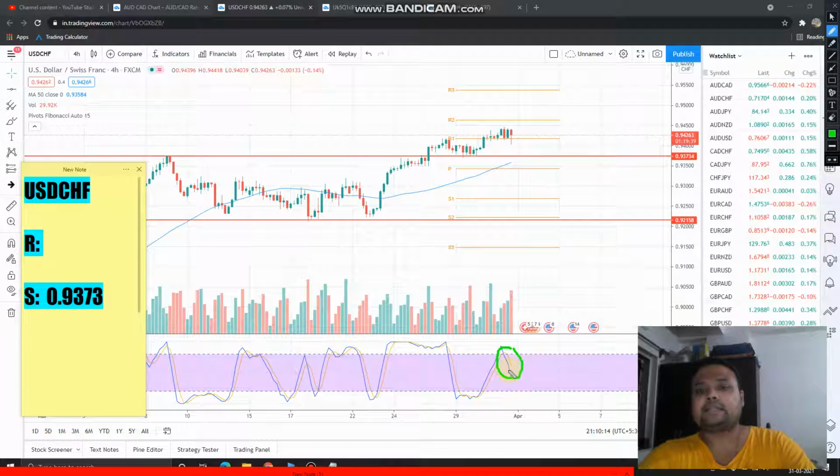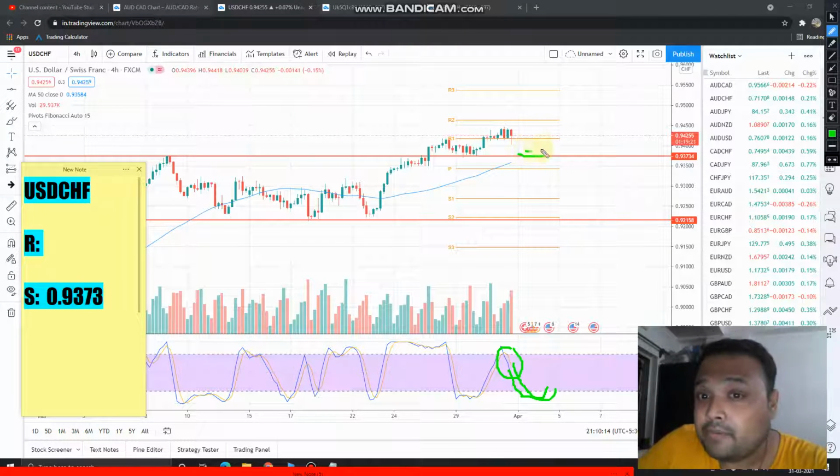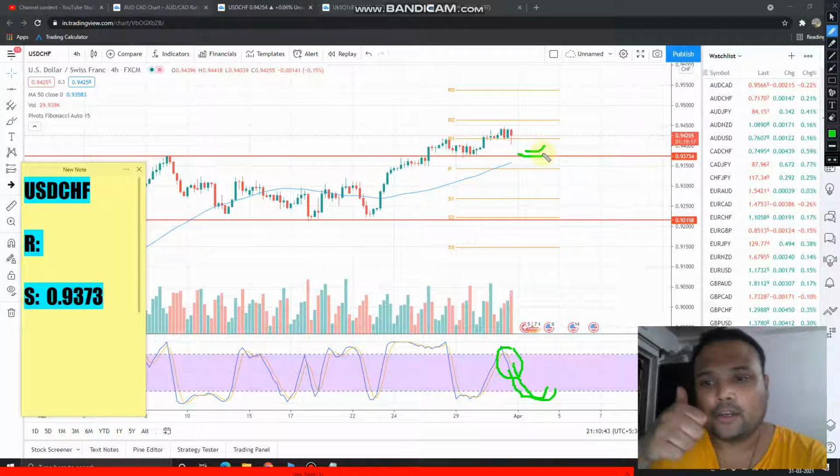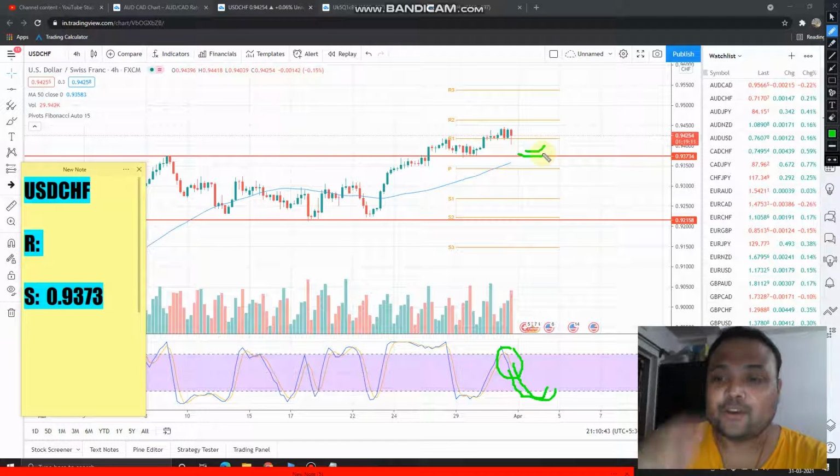When the stochastic RSI reaches the oversold zone and is ready to go up again like this, just look at the position of the price. If you see that price is taking support at this level, or if it is about to go up above this level, in short, if you find price above this line only, you can go for a buy.